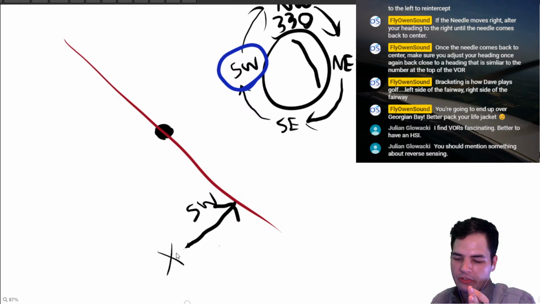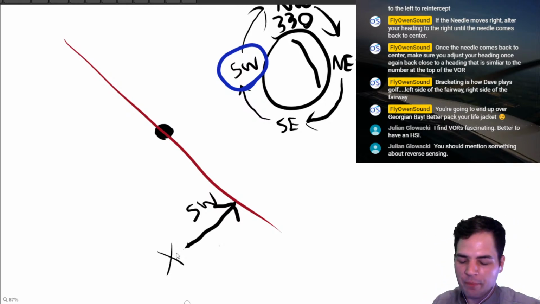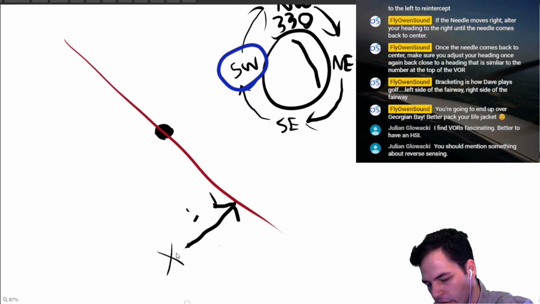So what that's saying is that radial is northeast of me, right? So I got it upside down, in that if the needle was a picture of an airplane, then it would be the other way, but it's not. So that radial is northeast of me, and that's how you can solve for that.